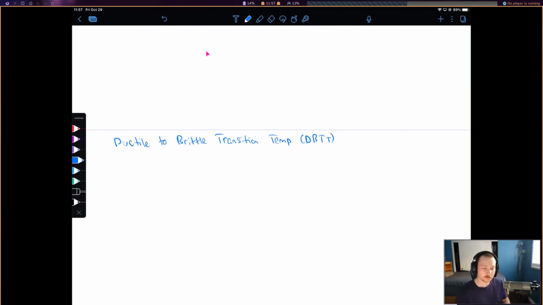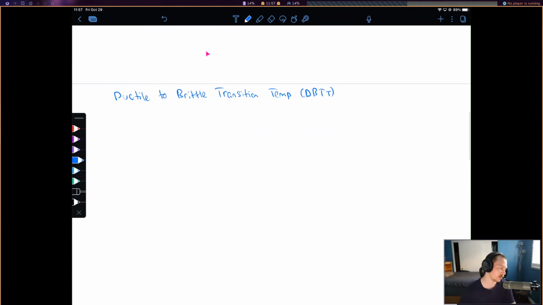I'll first just say the definition, then I'll write it out, and then I think you can get a better idea when I make a graph for this, because it's kind of a mouthful. So the definition is the temperature for which the impact energy is halfway between the impact energy at the highest temperature and the impact energy at the lowest temperature.